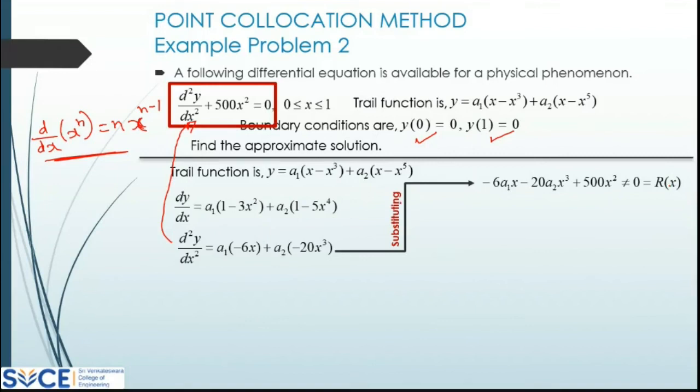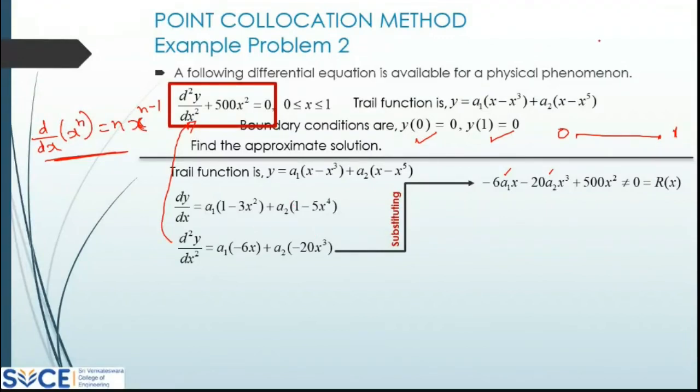Now look here. You have two unknowns, a1 and a2, which means how many points do I have to take? Yes, 2 points. I have to take 2 points in between 0 and 1, which means I have to divide this into 3.